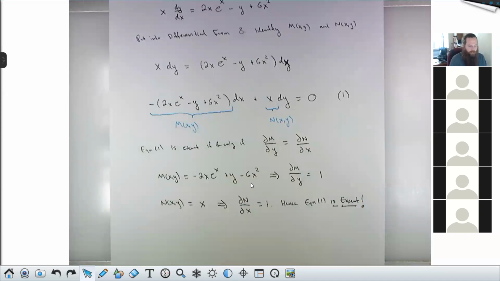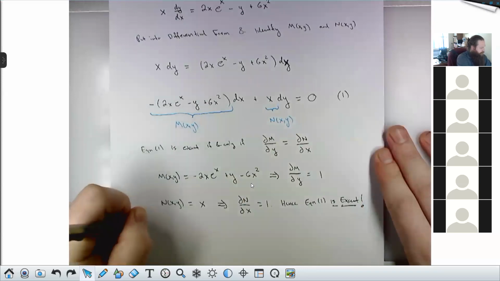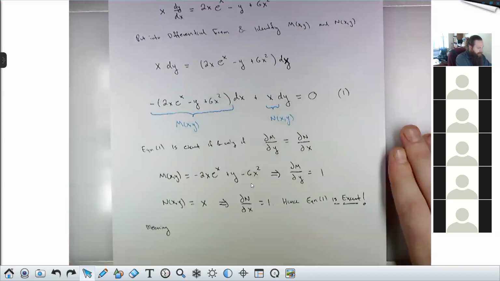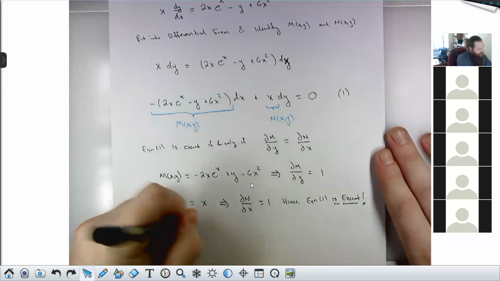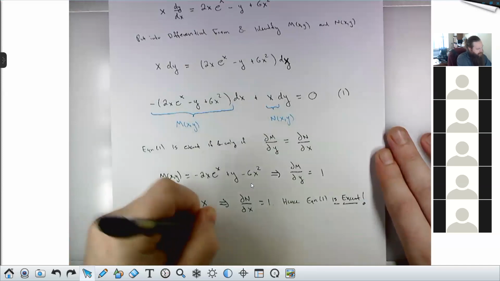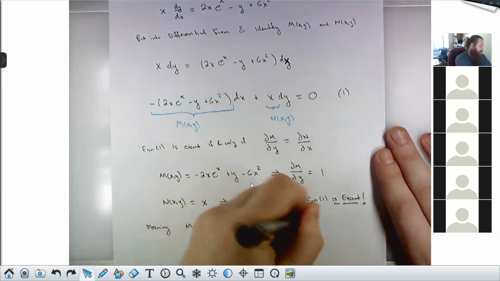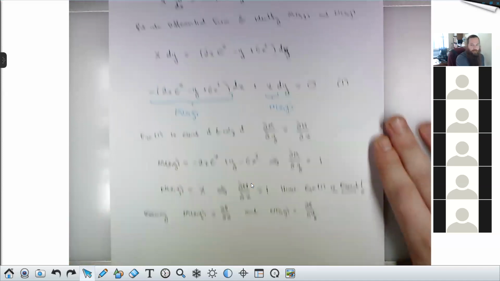Who remembers how to solve an exact equation? What is the first step? Integrate m with respect to x. Good. Yeah, that's the idea. So being exact means that the function m is actually df/dx, and n is df/dy for some function f.